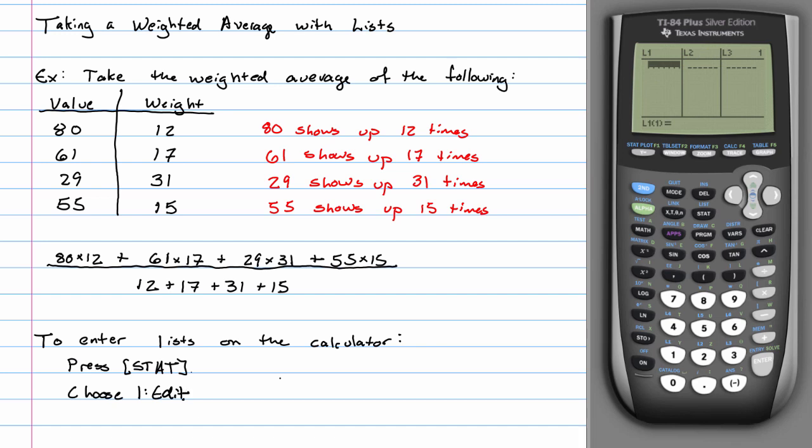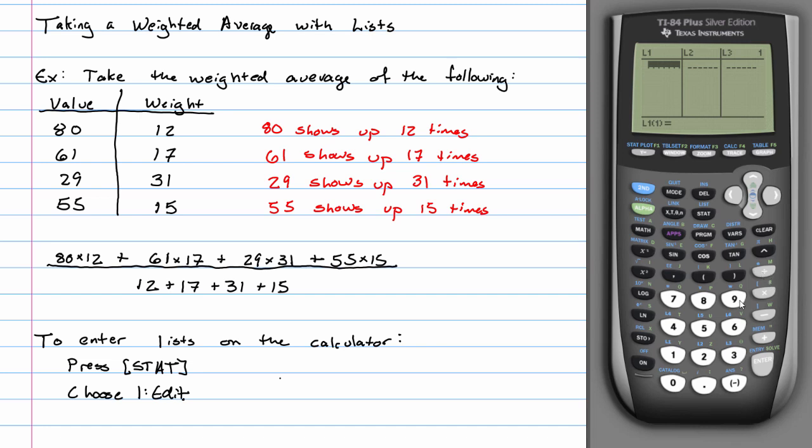Now, if you've used the lists on your calculator before, you might have values in some of your lists. Like here, I might have 8 and 9 in list 1. If you do, to clear a list, use the up arrow to go to the very top, select the list number, hit clear, and then enter. That clears the list.